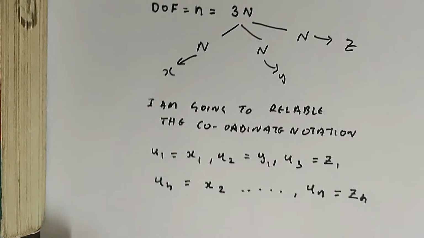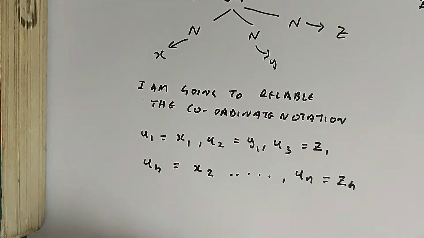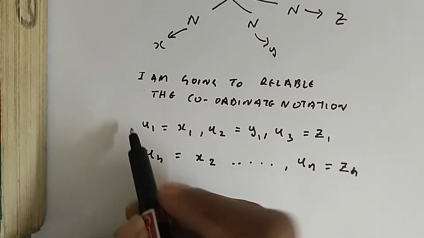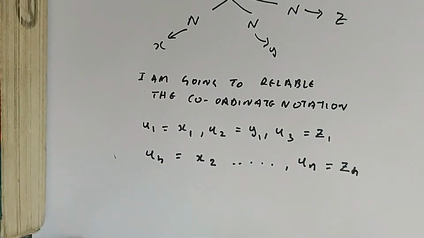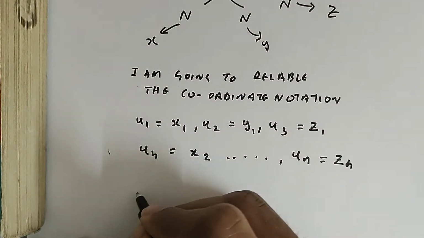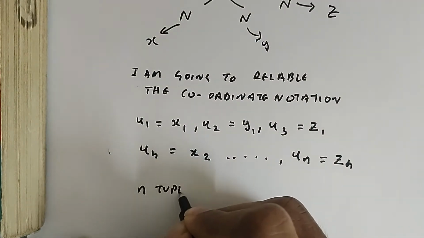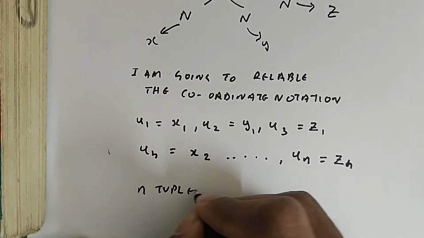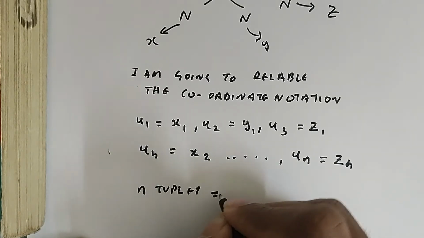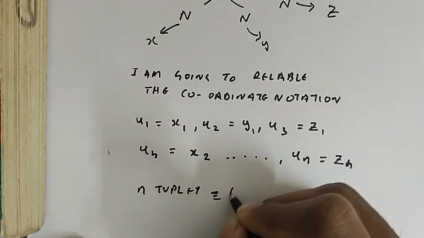So I just relabeled the notation, and this is one of the smartest ways to relabel it. And this is an n-tuple, and these are mathematical terms that have been used here.